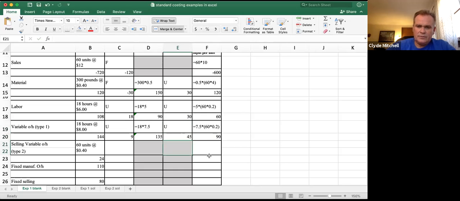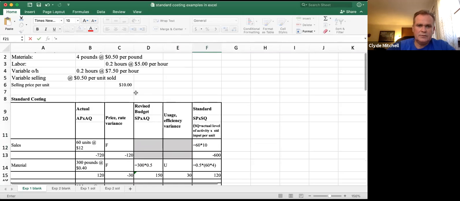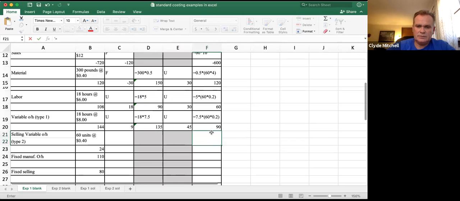Our variable selling costs are going to be equal to the standard rate, which should be 50 cents a unit, and we're going to multiply that by the standard quantity, which is simply the units sold.